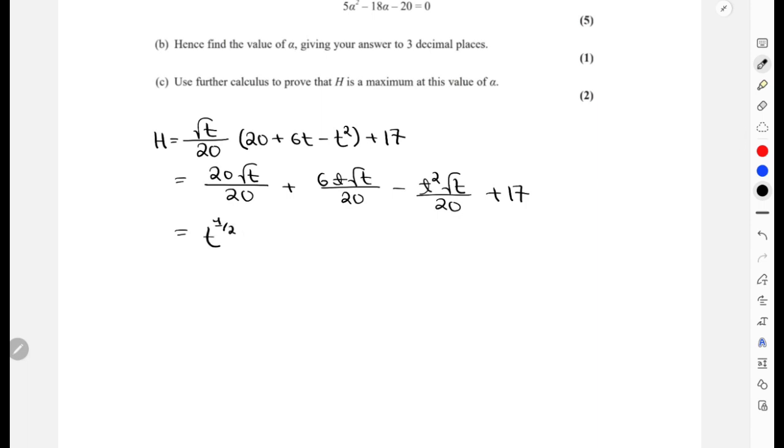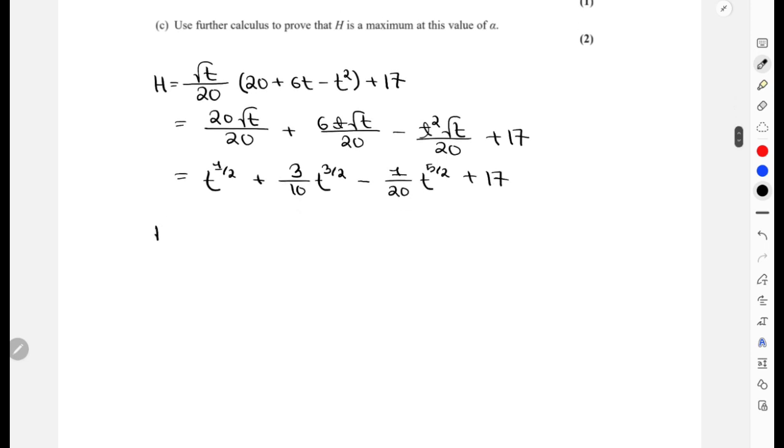I like to write everything in terms of power when I know I have to differentiate. So 6 by 20 is actually 3 by 10, and t power 1 times t power half is t power 1.5, so t power 3 by 2, minus 1 over 20, 2 plus 0.5 is 2.5, so t power 5 over 2, plus 17.